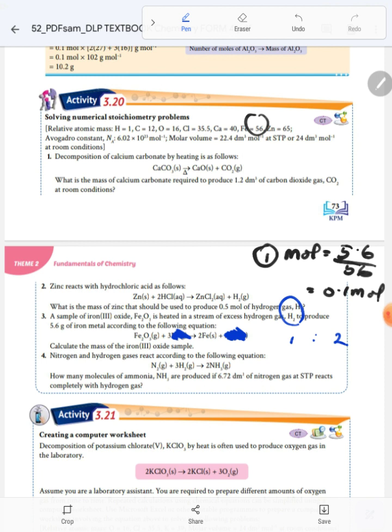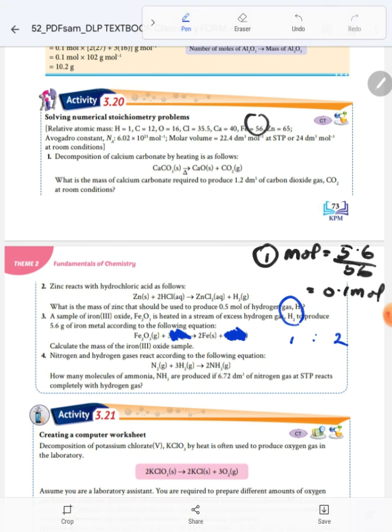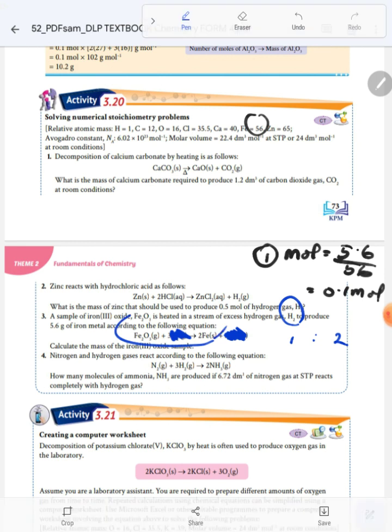Okay, you clear? I repeat. This chemical equation is 1 mole of iron 3 oxide, we produce 2 mole of iron from this balanced chemical equation. So, the ratio is 1 to 2.